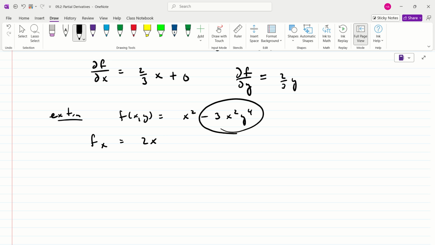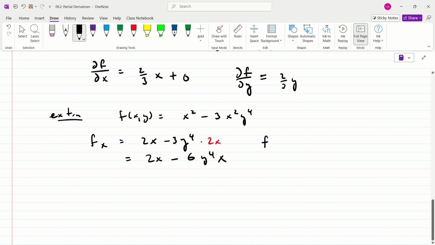And within this expression, this is a constant and that is a constant. So right off the bat, I can just copy and paste those exactly as they were before and focus solely on taking the derivative of x squared. What's the derivative of x squared? Well, that's 2x. So this partial derivative is 2x minus 6 y to the 4th times x. Done.